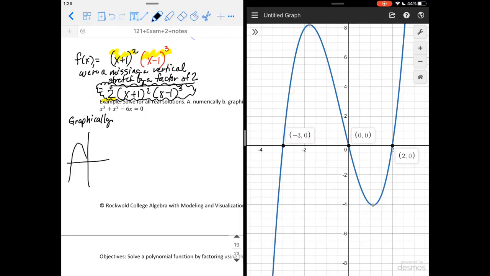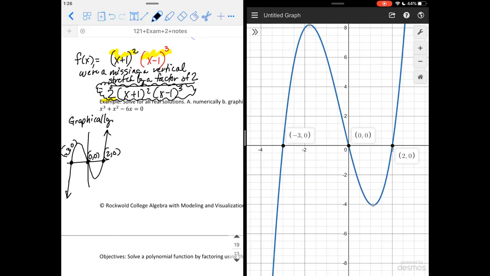So I'm going to do a quick little sketch. The important part is to label these. So this is going to be negative 3, 0, 0, 0, and 2, 0.